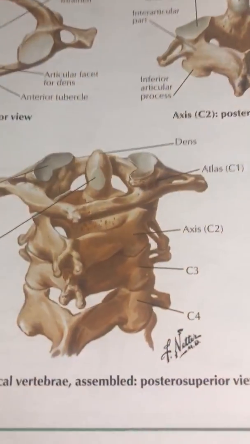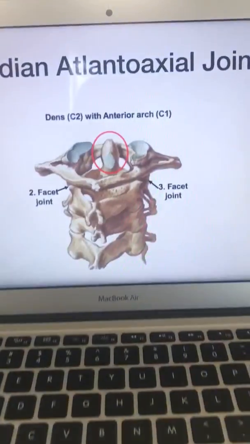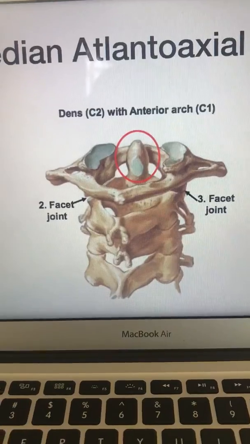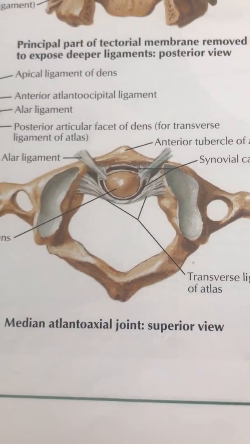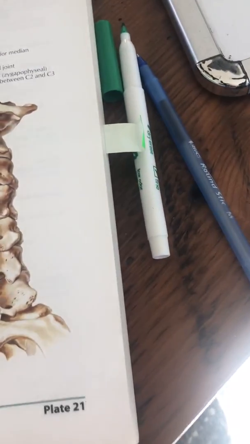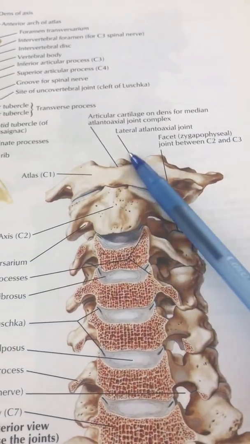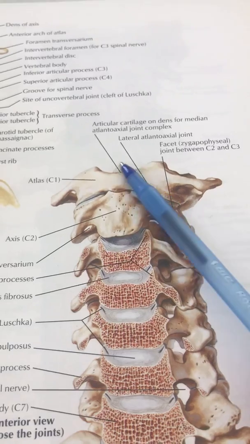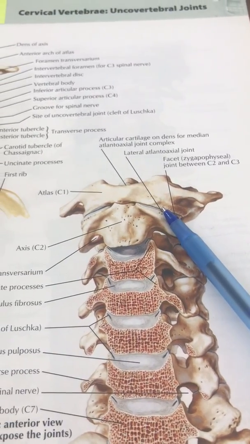So we saw, this is that posterior view of both of those joints. And then we saw this superior view of the median atlantoaxial joint. And then here's an anterior view of those joints. So there is that median atlantoaxial joint, and here is the lateral atlantoaxial joints.